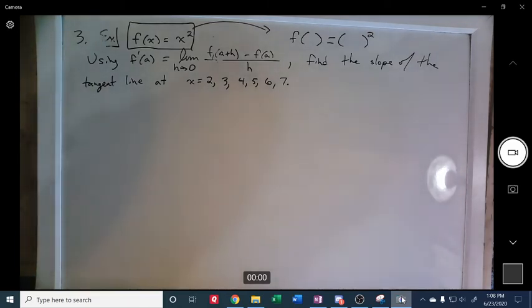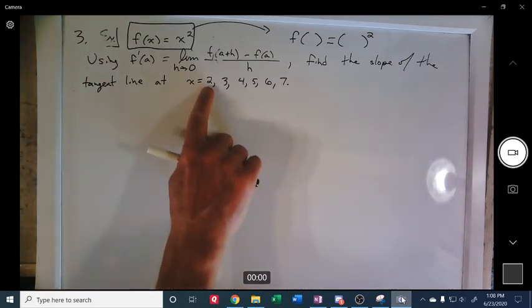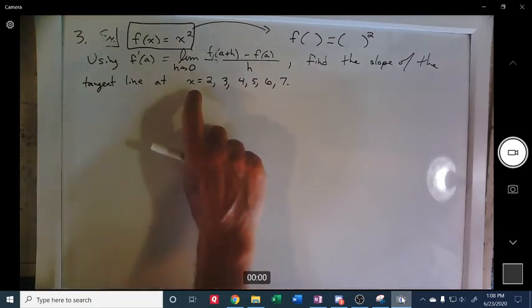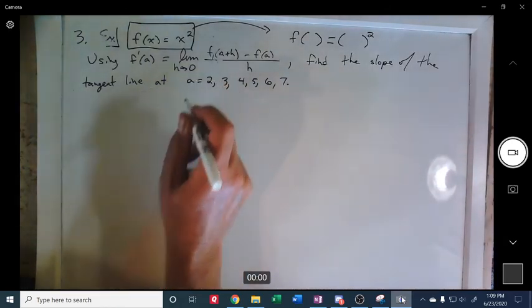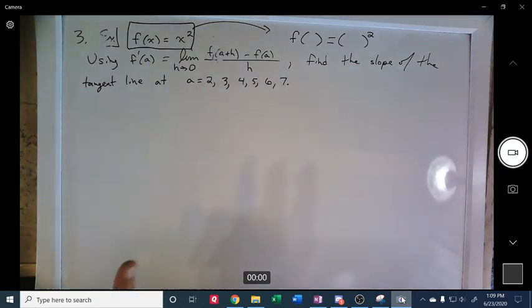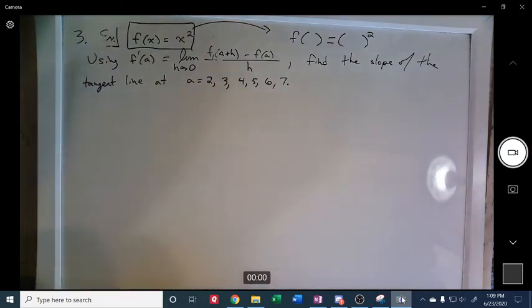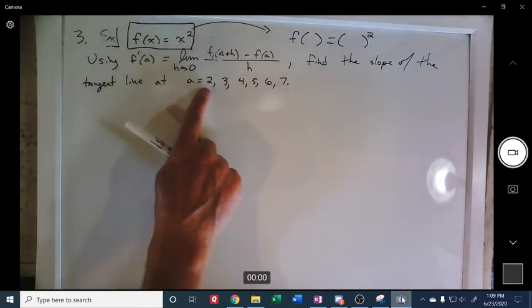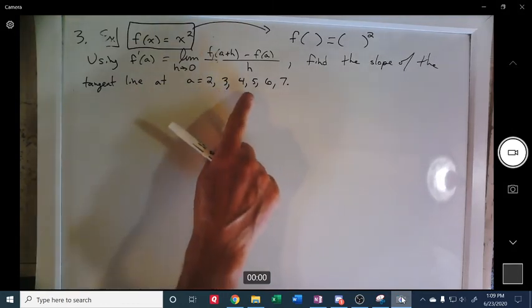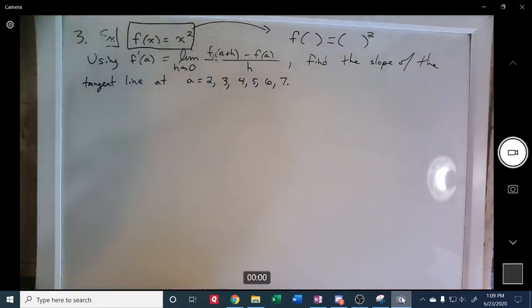Now, the long way to do it would be just repeat this whole process again. Just use 2. Actually, instead of x equals, I'm using this notation, at a equals 2, so on. Alright, so I could do it again with 2, and then 3, and so on, but I don't need to do it with a whole bunch of different limits.